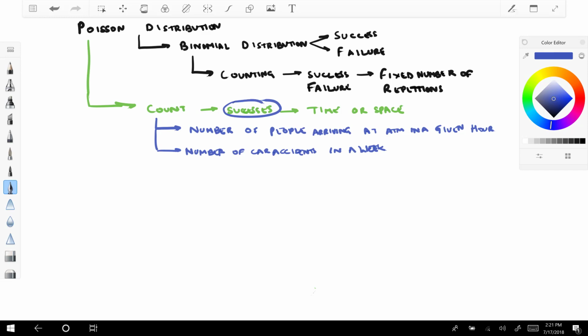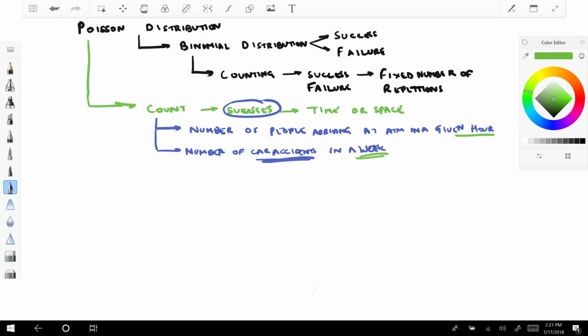In this case, car accidents are not a positive thing, but we call it a success. Another example can be the number of oil spills in a week or in a given year. All these, if we measure with respect to time, can be modeled as a Poisson distribution.